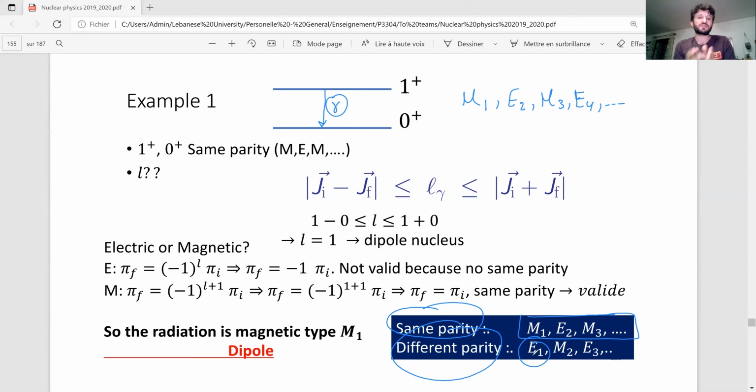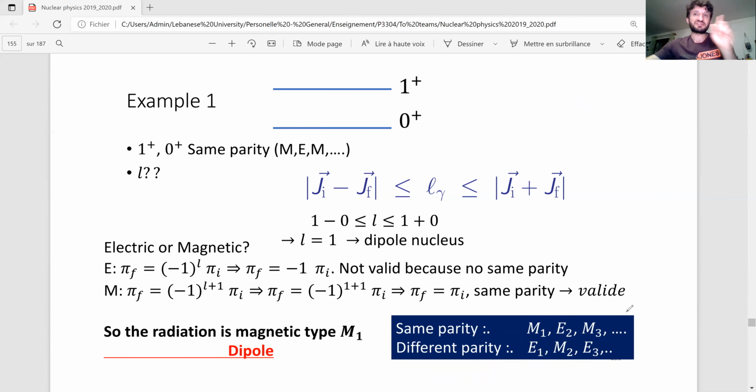Now I know just the initial point, but I don't know exactly the values of L. I need to calculate L. To calculate L, for example, if we have the same parity and we have L equals, for example, 2 and 3, in this case, the solution will be E2 and M3.